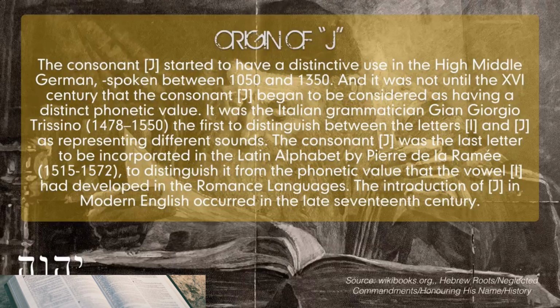It was the Italian grammatician Gian Giorgio Trissino, 1478 to 1550, the first to distinguish between the letters I and J as representing different sounds, really late in the game, and fairly modernly.